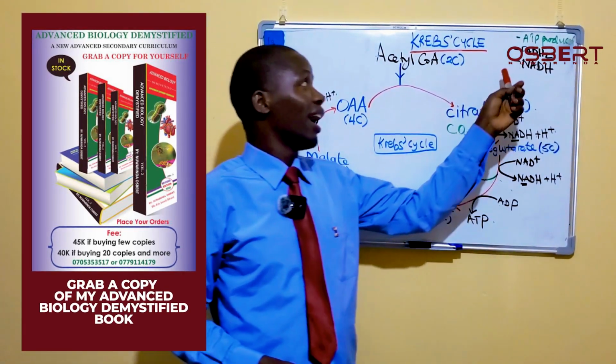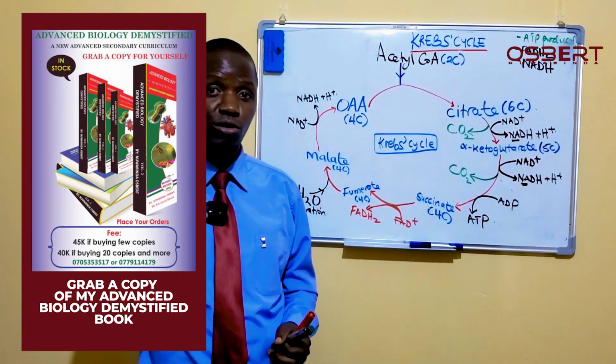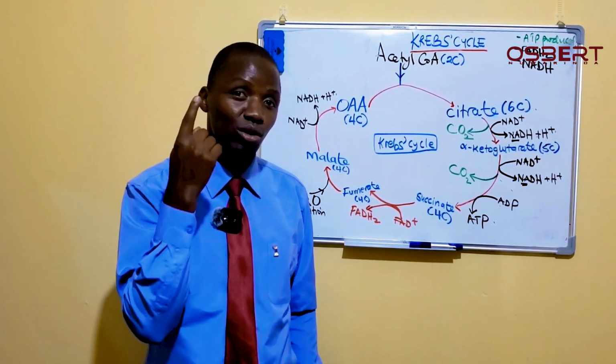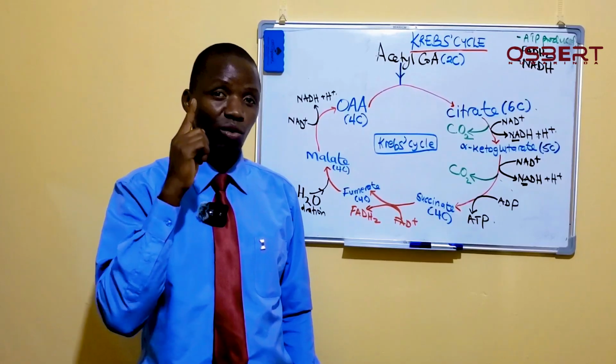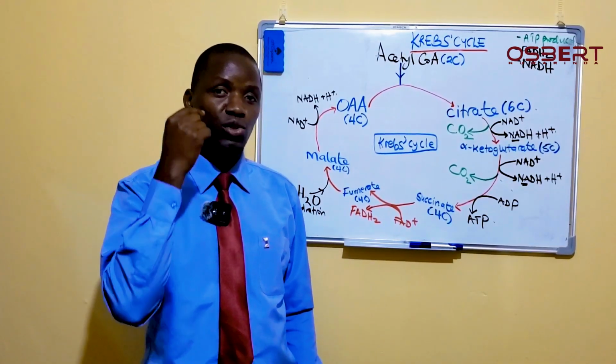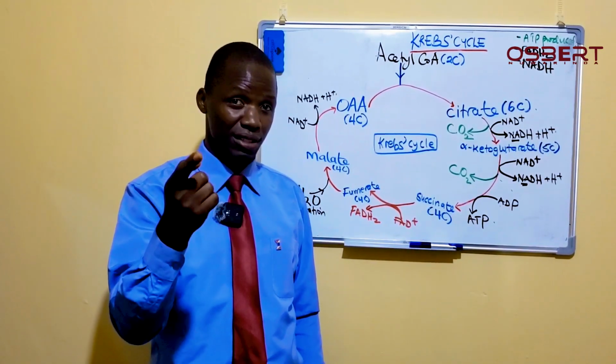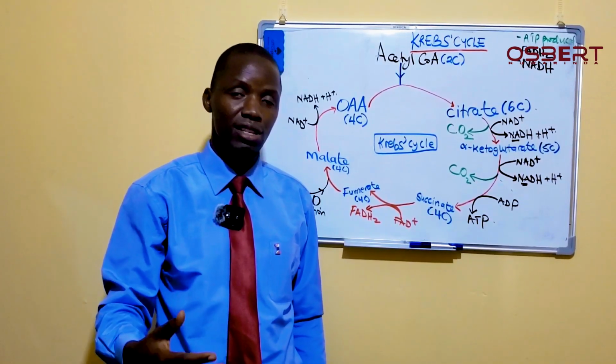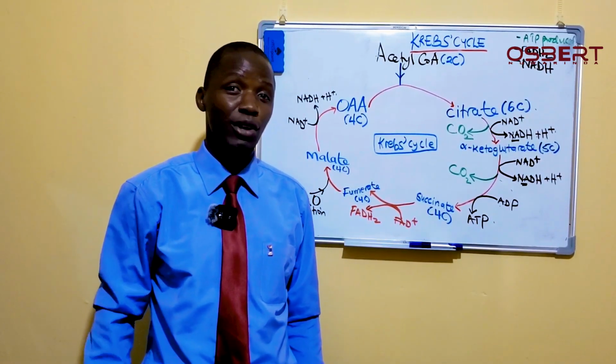if you assume that now everything was beginning from one glucose molecule. If we had one glucose molecule, this one glucose molecule underwent glycolysis, as we already saw in the previous videos. After undergoing glycolysis, it was able to give us how many pyruvates?